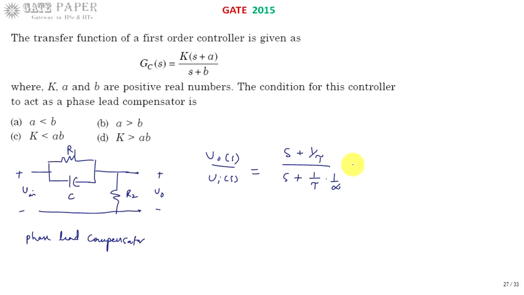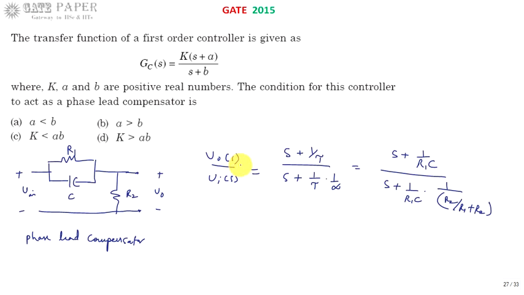If you write it with the help of this RC electrical realization, the transfer function looks like (S plus 1 by R1C) divided by (S plus 1 by R1C into (R1 plus R2) by R2). You can obtain this, otherwise simply remember it; this is the standard equation of the phase lead compensator.